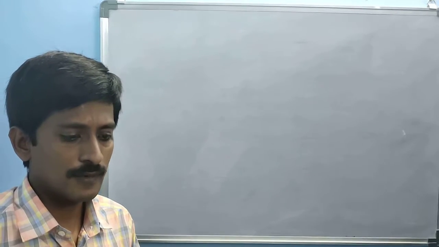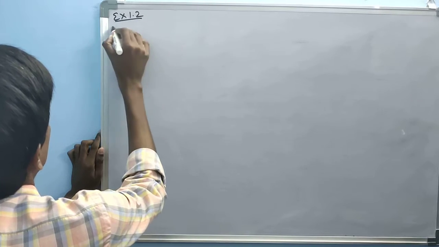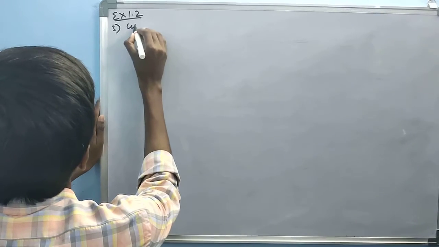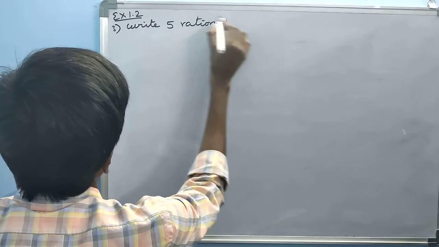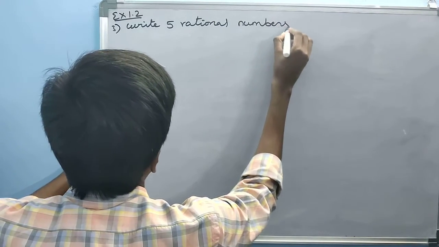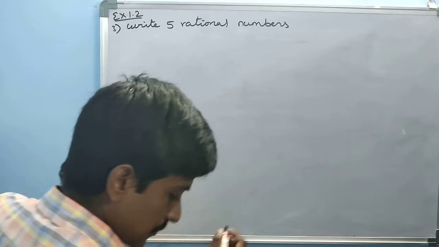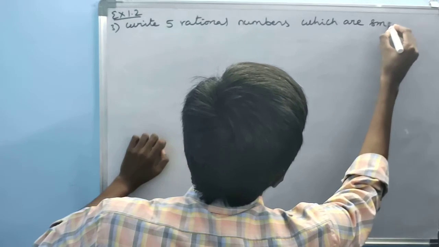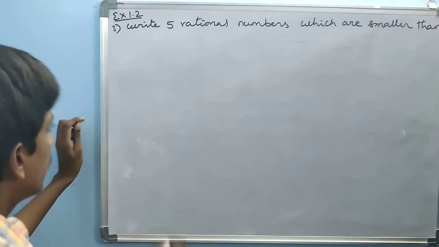Today I am going to explain exercise 1.2, third sum. What is the third sum given? Exercise 1.2 third one: write 5 rational numbers which are smaller than 5/6.